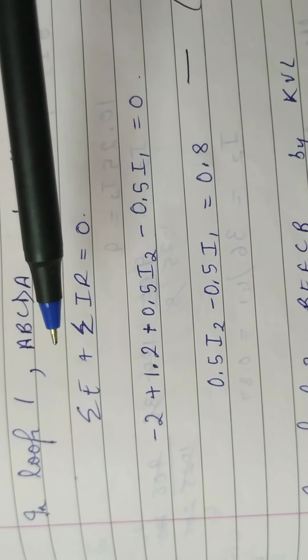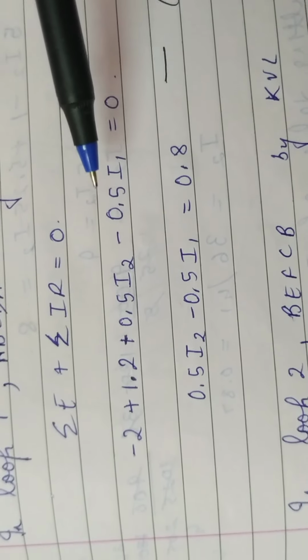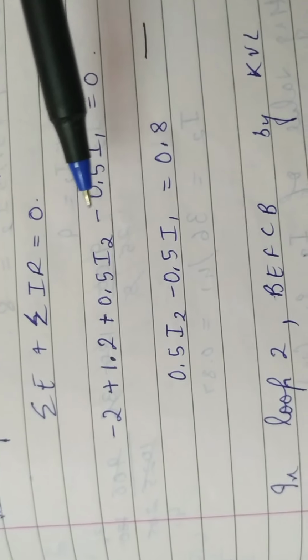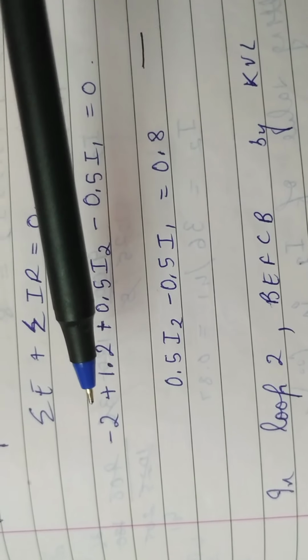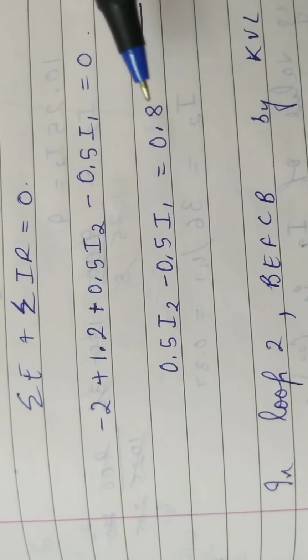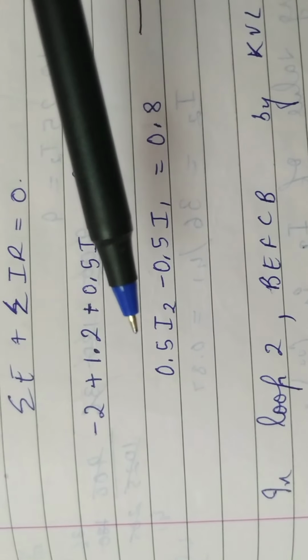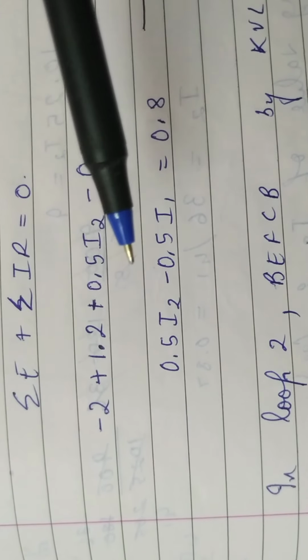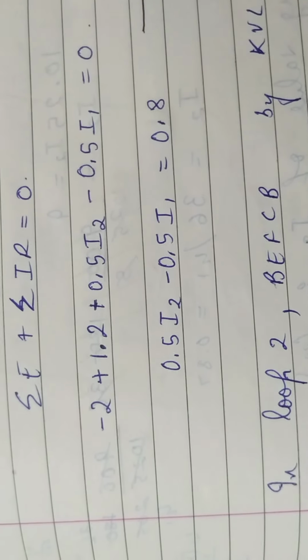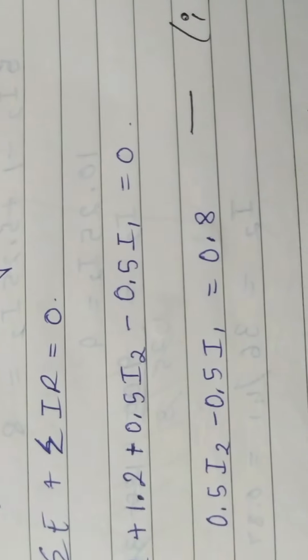So sigma E plus sigma IR equals 0, and when we simplify it, minus 2 plus 1.2 is minus 0.8, shifted to the RHS, and the equation becomes 0.5 I2 minus 0.5 I1 equals 0.8. It is equation number 1.